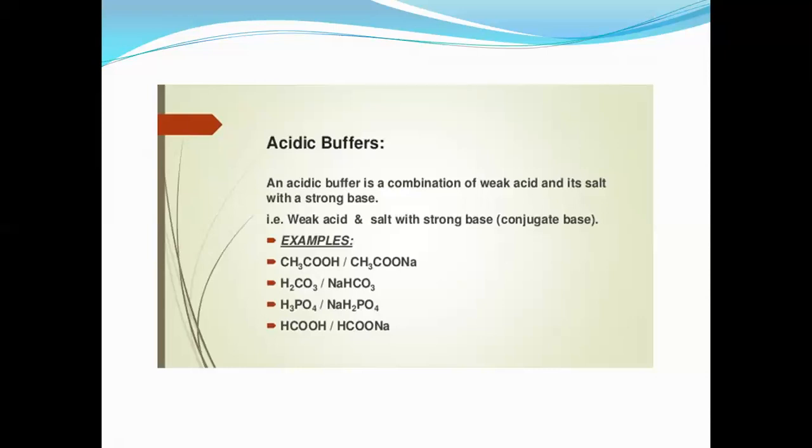Acidic buffers: an acidic buffer is a combination of a weak acid and its salt with a strong base. And you know what a weak acid and a strong acid are, and what a weak base and a strong base are.